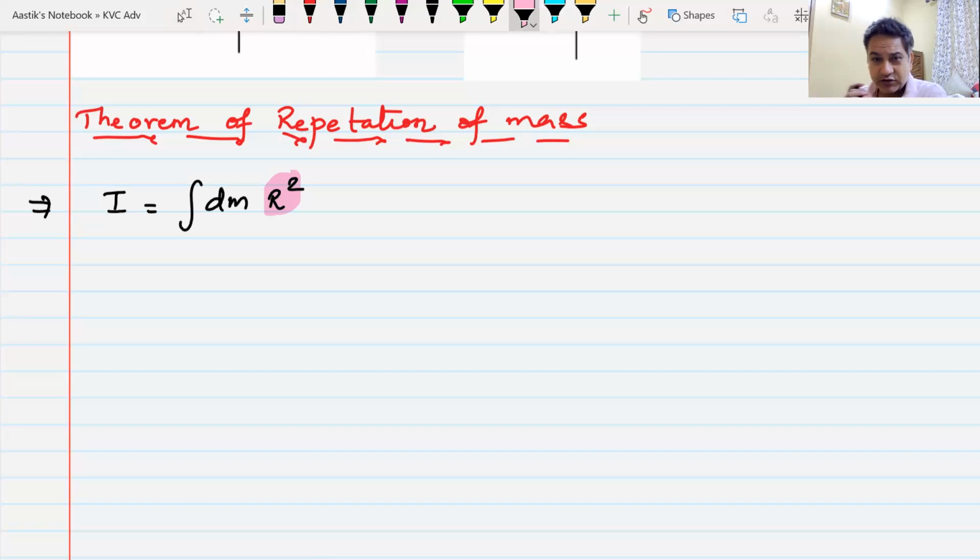It is integration of dm. Once you integrate dm, you will get total mass of the body. That means the moment of inertia of that bigger body will be same as moment of inertia of that smaller body that you had found out. Do we understand this?